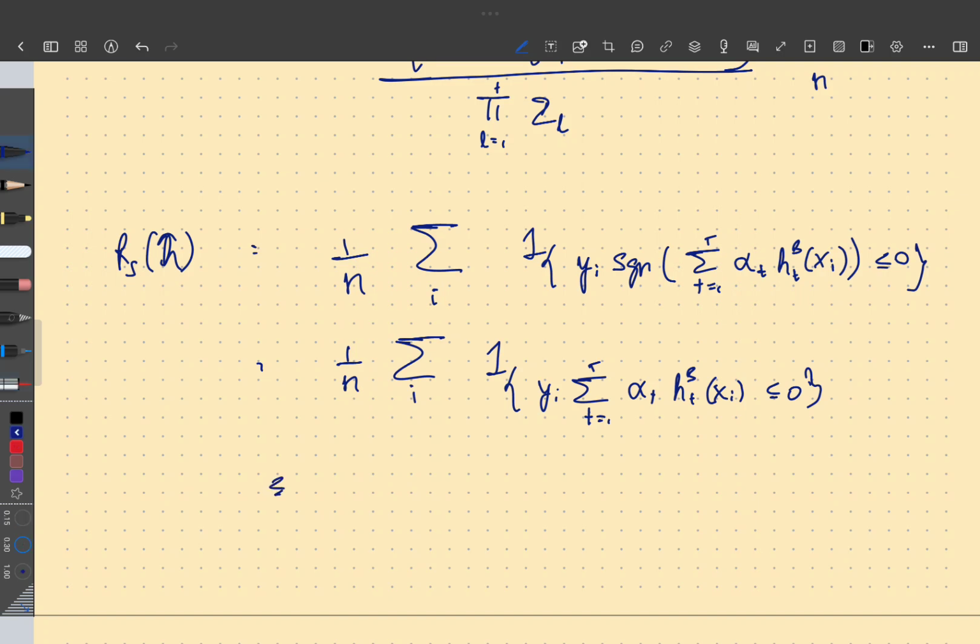Now, a fact that we're going to use is that the 0-1 loss is upper bounded by the following exponential loss. So if I take summation i equal to 1 to n of e to the power minus yi summation t equal to 1 to capital T alpha t h_t^b of xi, right?